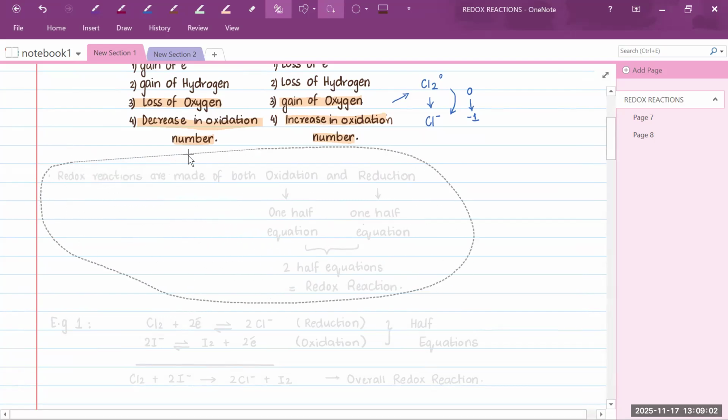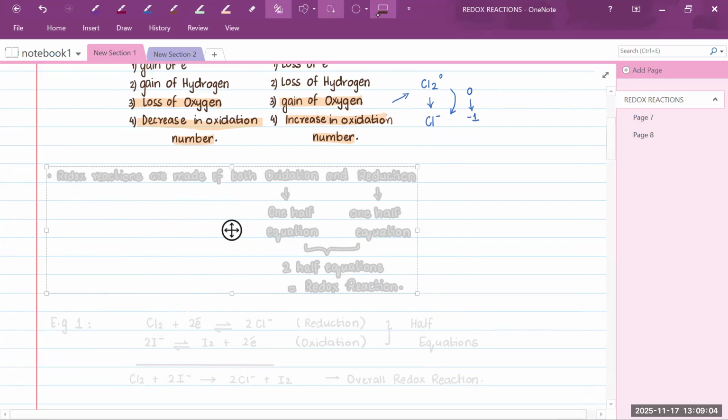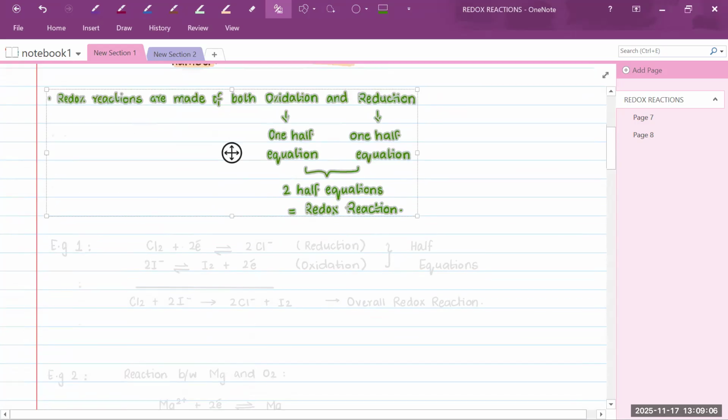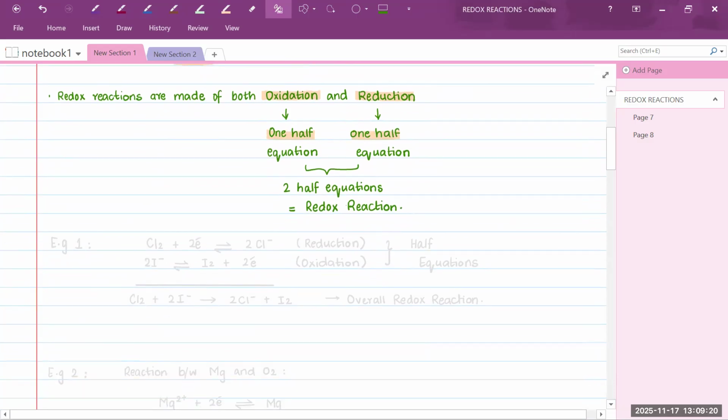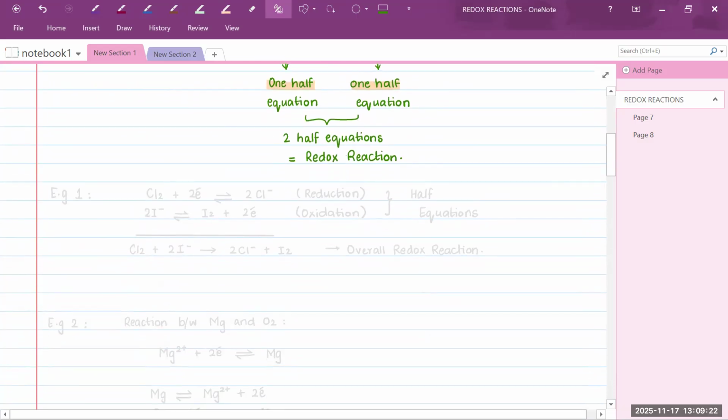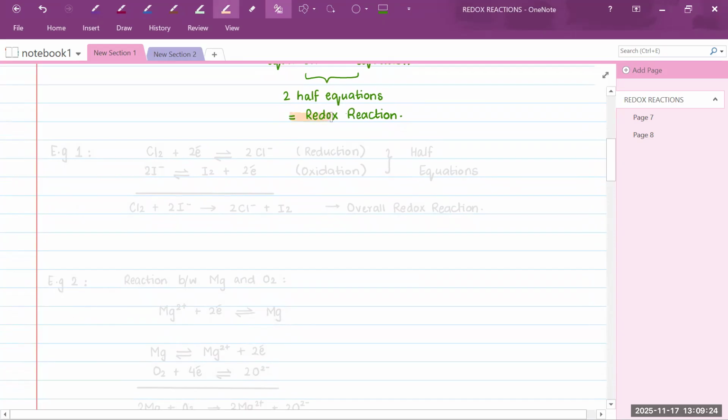I've written it as well. Doesn't matter what the order is, but one half reaction will be of oxidation, one half reaction will be of reduction. Okay, and then the two half equations will make an overall redox reaction.